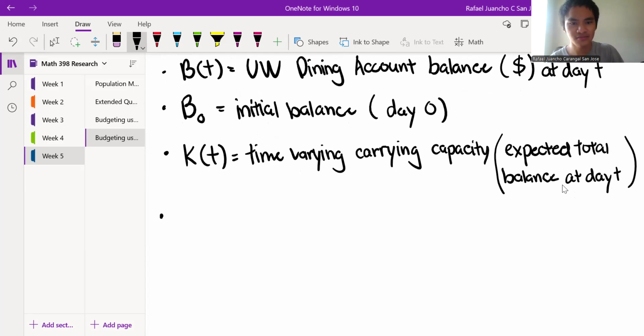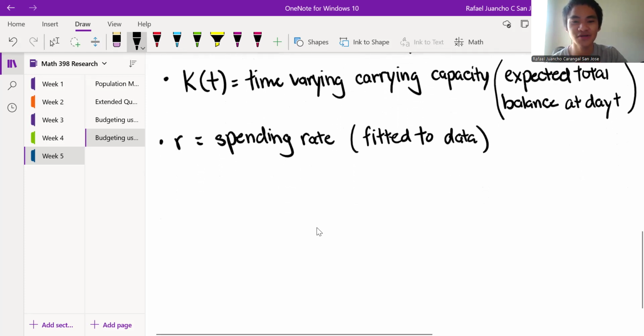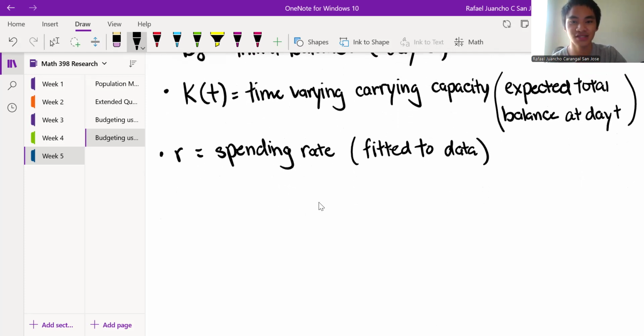And then here, my R, I'm going to call this my spending rate. And this is going to be fitted to data, which is something, to be honest, I'm still working on right now. I haven't done stats before, I feel like this is a stats thing, and I will make videos on statistics.